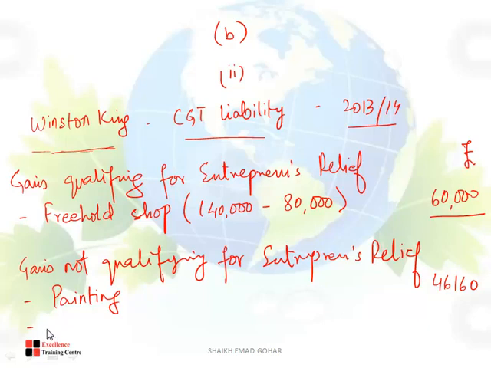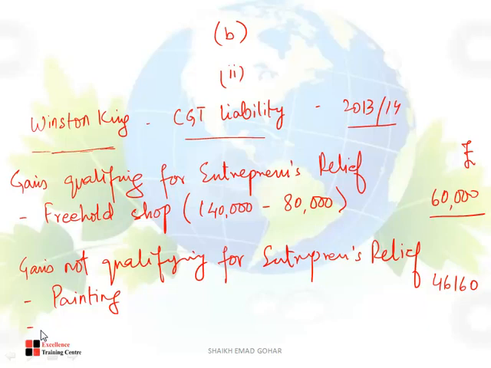Gain or loss? So capital losses of the current year are netted off against capital gains of the current year. Okay, so it is a good idea to cancel the losses against the gains those are not qualifying for ER, definitely, because they are chargeable at 18 and 28%.